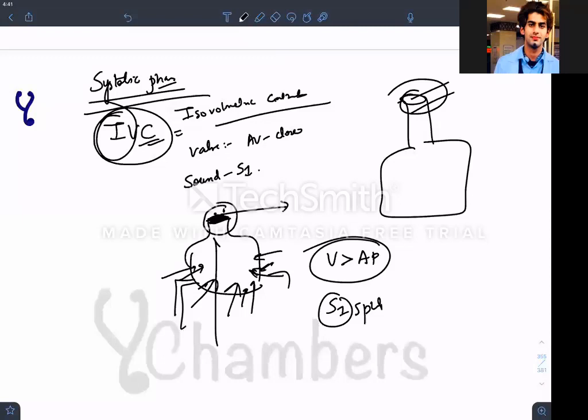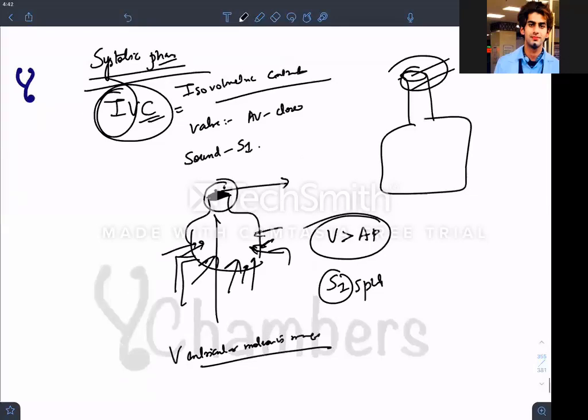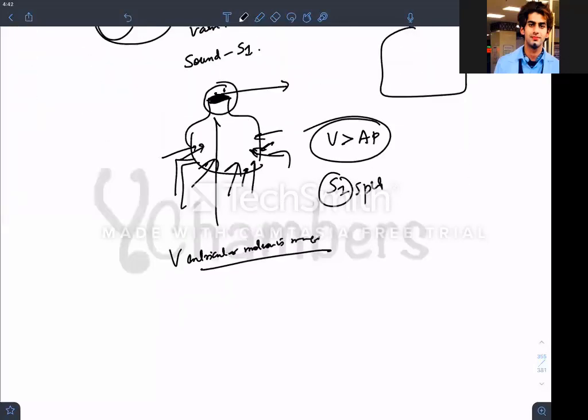So in the isovolumetric contraction, the end diastolic volume is the same and ventricular motion is maximum. EDV is the same because it is isovolumetric.